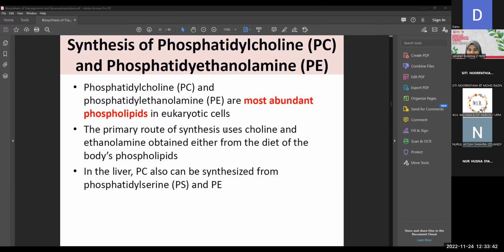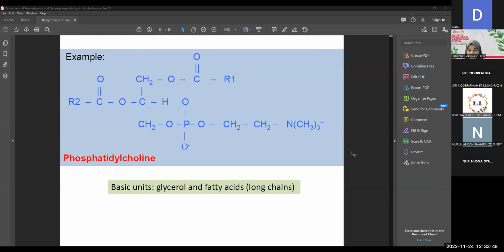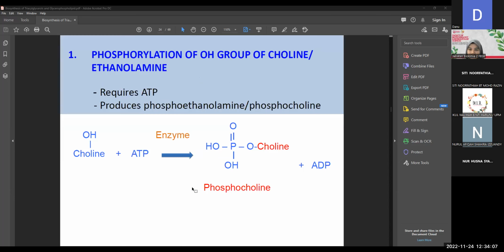In the liver, phosphatidylcholine can also be synthesized from phosphatidylserine and phosphatidylethanolamine. Let's look at the synthesis of phosphatidylcholine. You need to know the basic units: there is glycerol and there are fatty acids. These are the reactions involved in the biosynthesis of phosphatidylcholine.